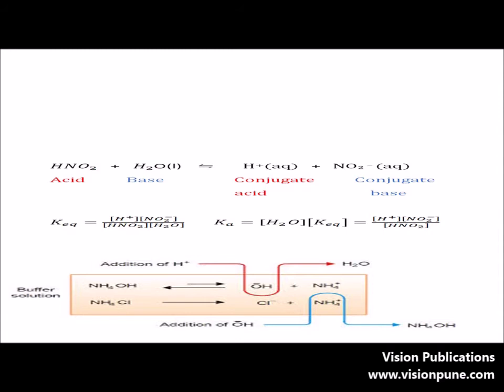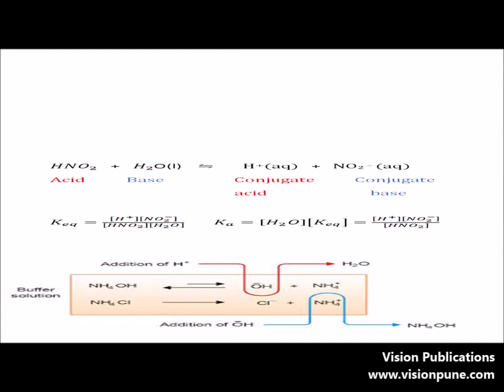If there is not much change in the concentration, the pH will remain constant, because concentration is inversely proportional to pH. Therefore the pH remains constant, so the solution will be known as a buffer solution. Otherwise, it will be known as a normal solution.